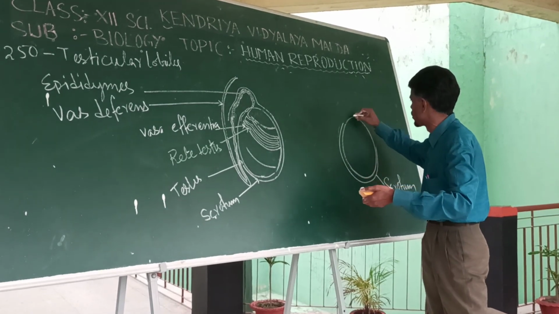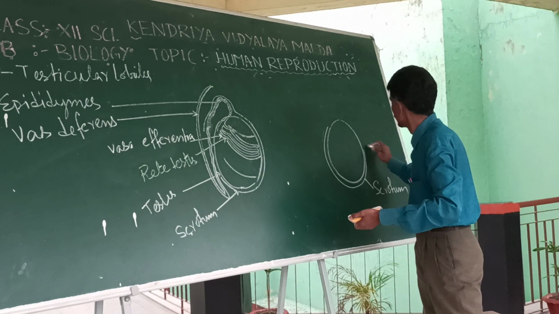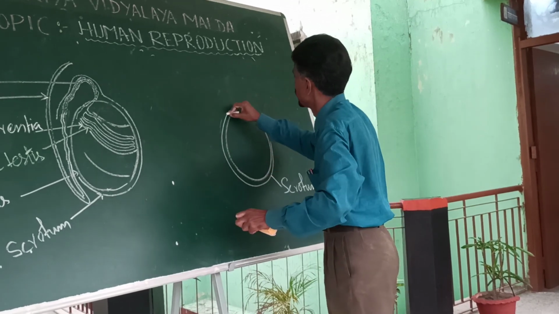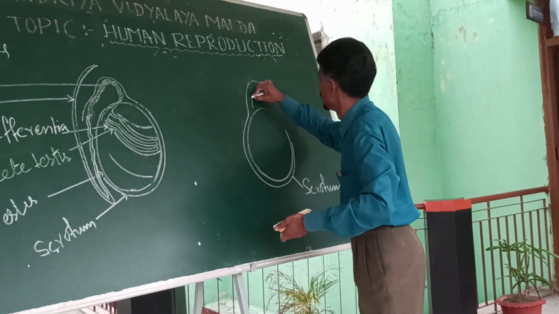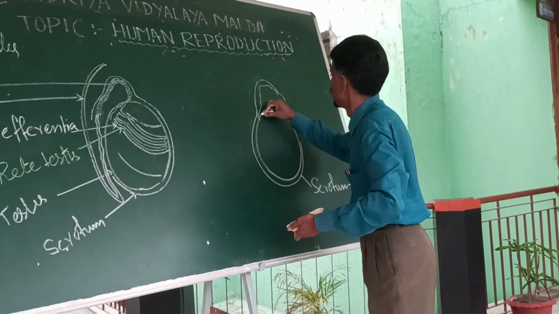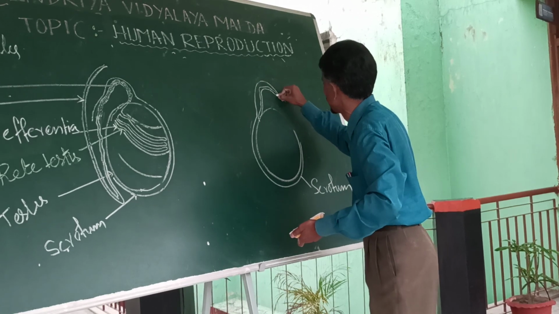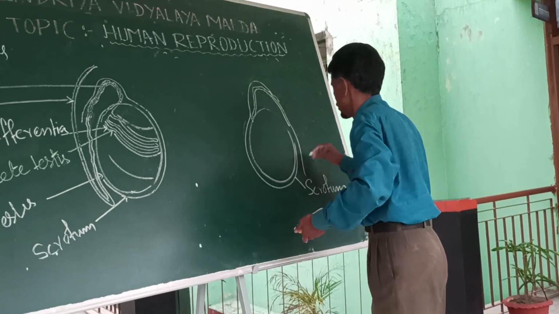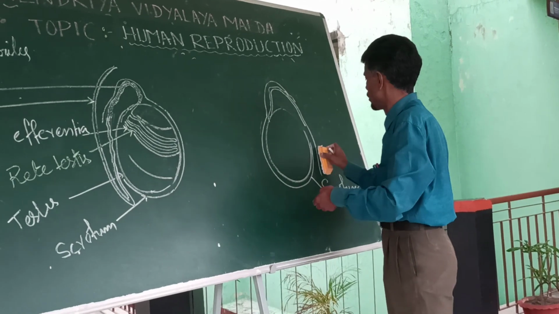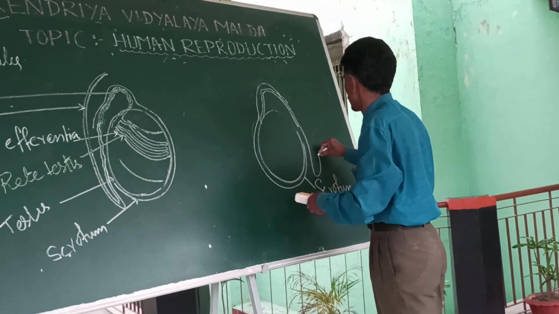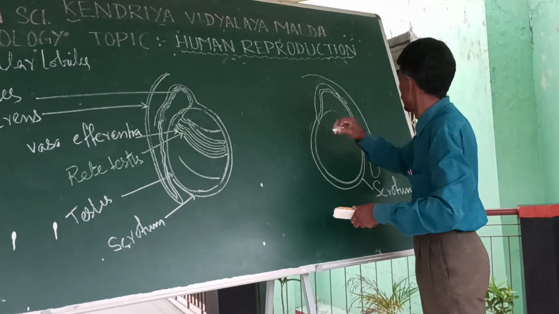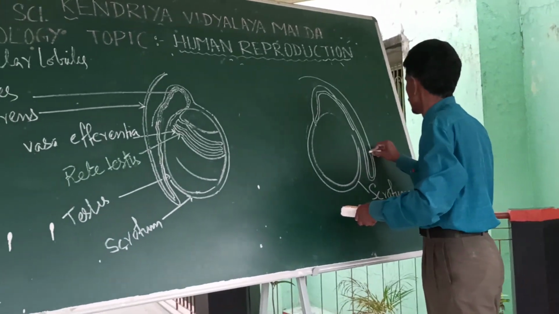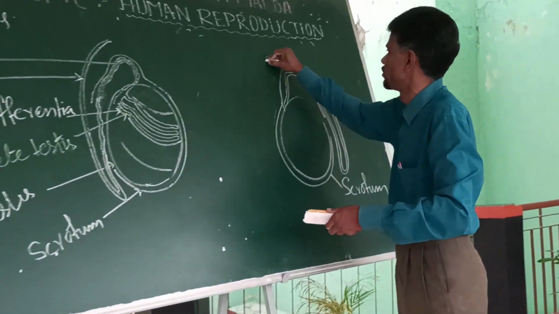So let me draw here another vas deferens emerging from the other testis. This is the other vas deferens from another testis.